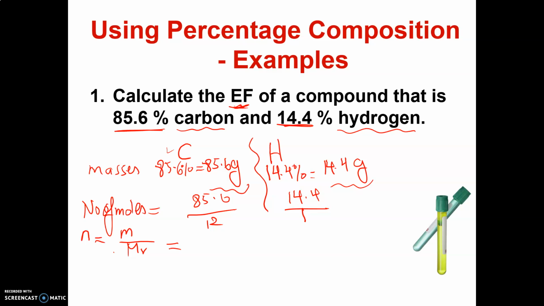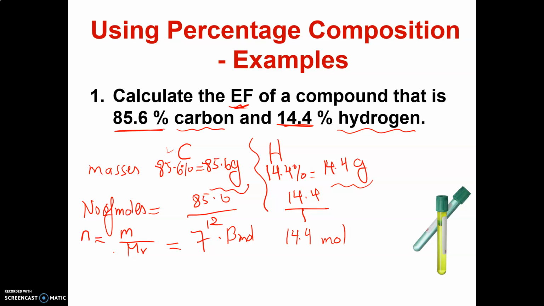Now we use the calculator. 85.6 divided by 12 gives 7.13 moles. For hydrogen, of course, it's 14.4 moles.